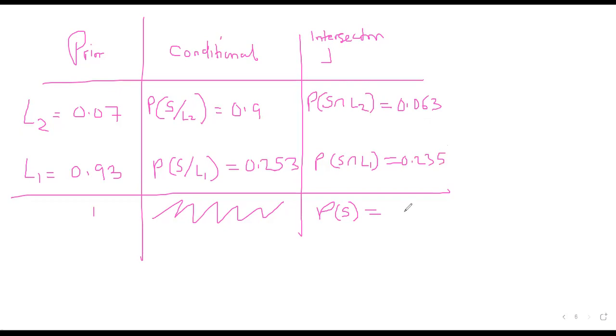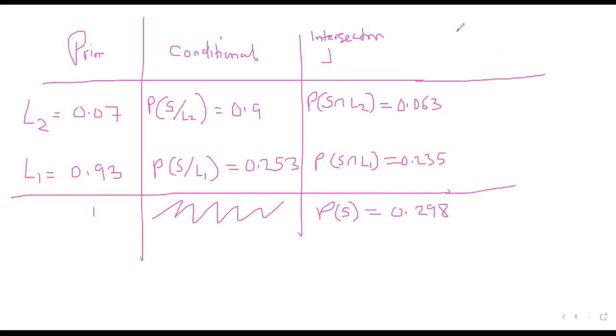When I add them, what are we getting? 0.298. I don't know how this one is rounded off. Is it to 2 or 3? 0.298. Don't overround off, just leave it as it is.